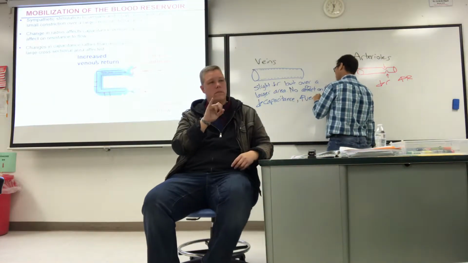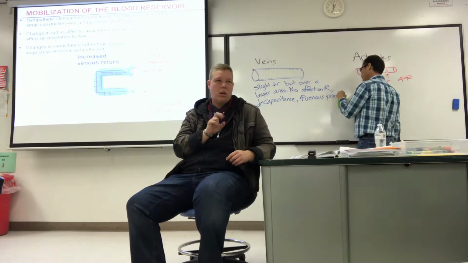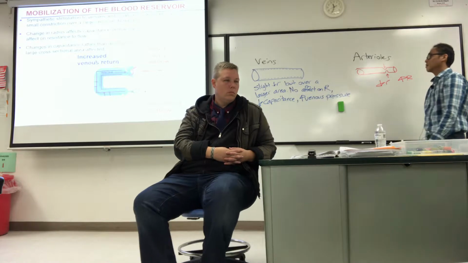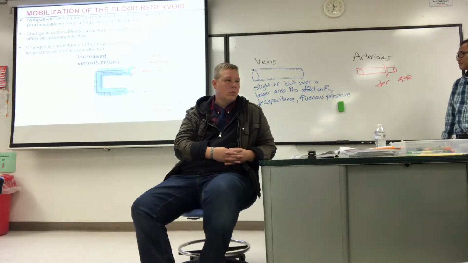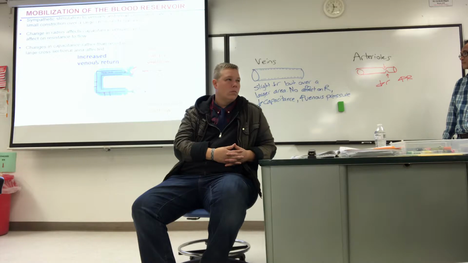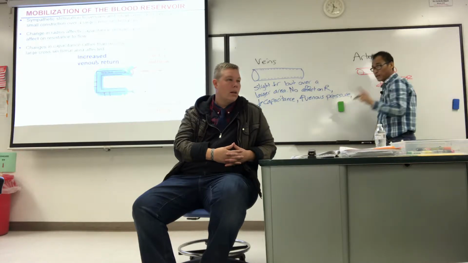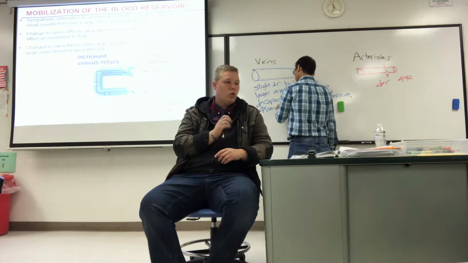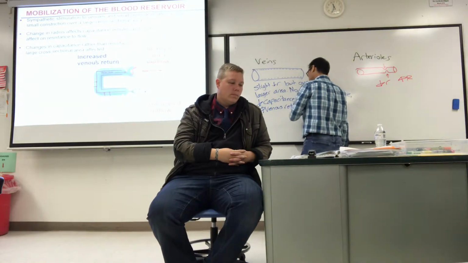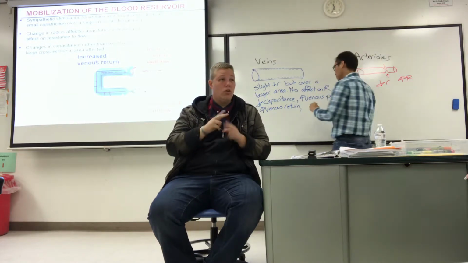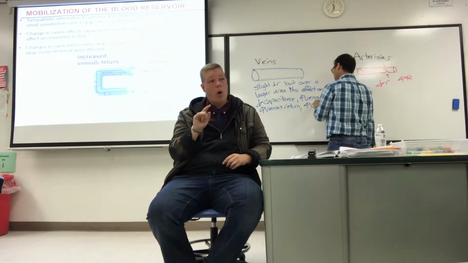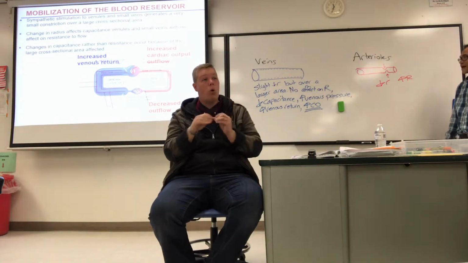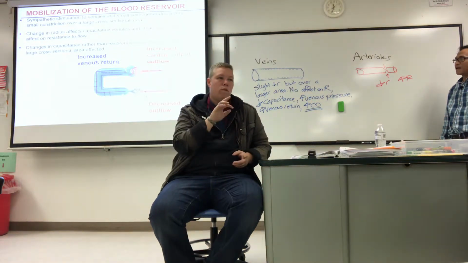Increase venous pressure. Increase venous return. Increase cardiac output. Because why? Boom, boom. More in, more out. Frank-Starling. So that's the chain of thought you need to have for veins.